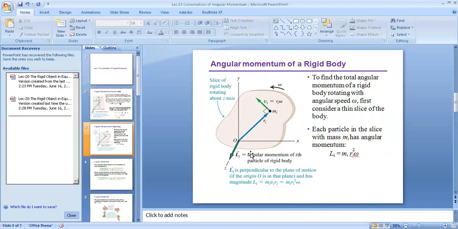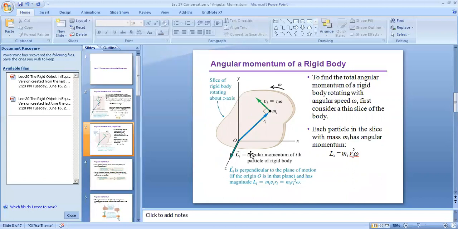We use the knowledge of our previous discussion for this extended study of the rotational motion of a rigid object.